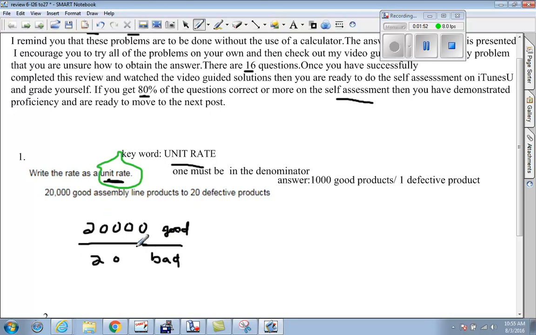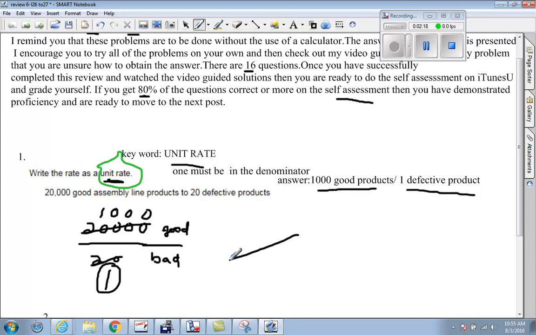Now, that's fine, but it's not reduced. So clearly 20 goes into itself once, and 20 goes into 20,000 1,000 times. So we reduce that. Now we're lucky because we got 1 in the denominator, which is the goal, and now we've got 1,000 good products to 1 bad product, which is the final answer. 1,000 good products to 1 defective product.